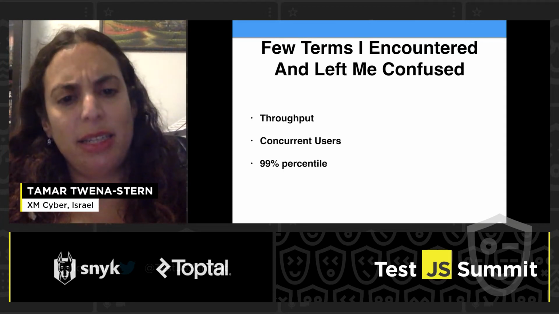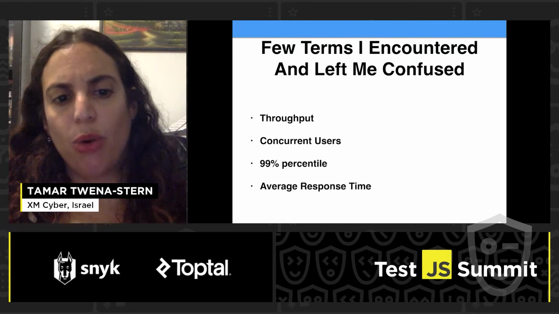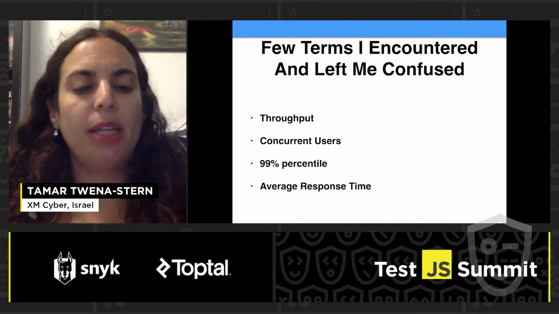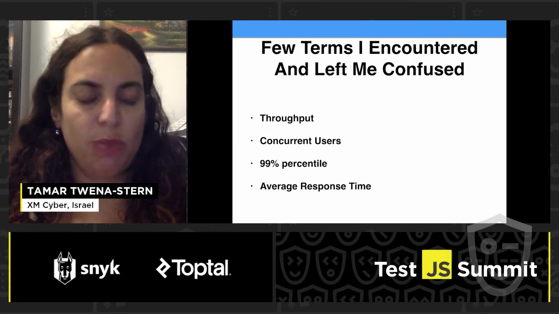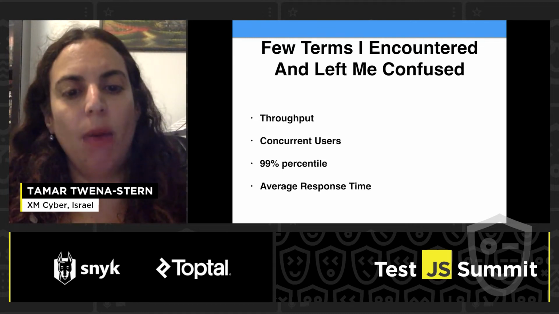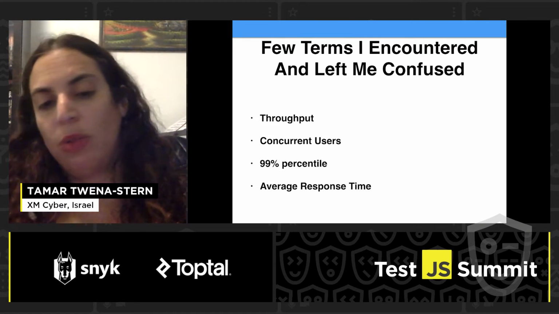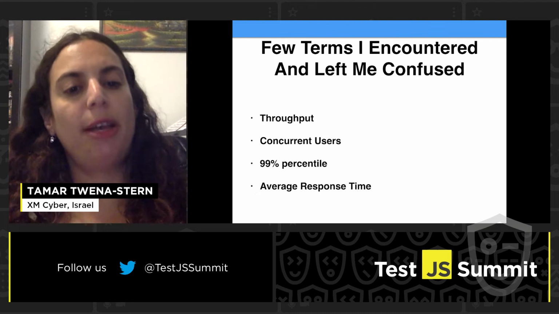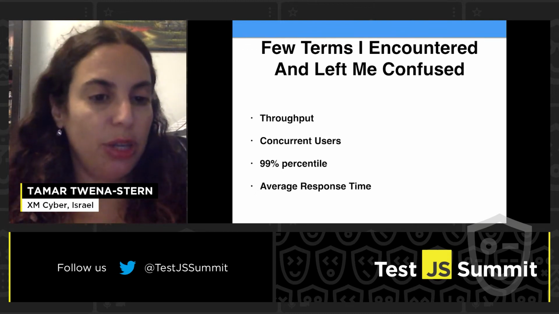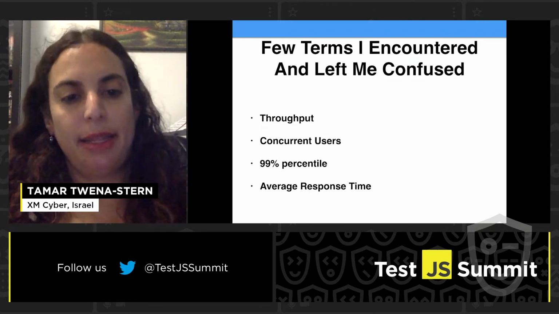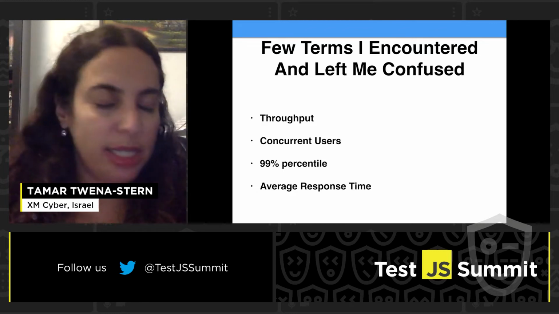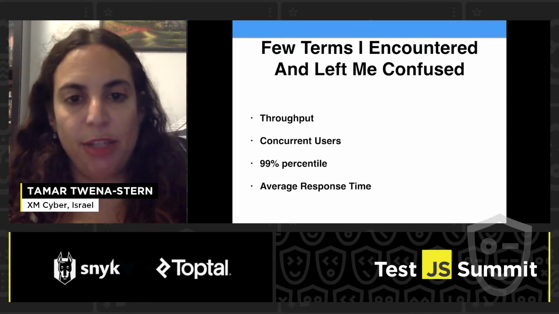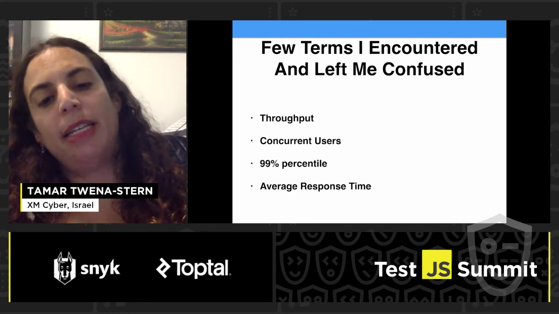So why is the 99th percentile so important? And the last thing is the average response time, or the response time. How do you measure it, whether you have to look at the average or the 99th percentile. There's also the standard deviation of the benchmark that needs to be taken into account.